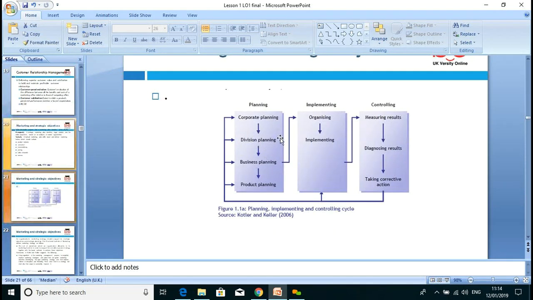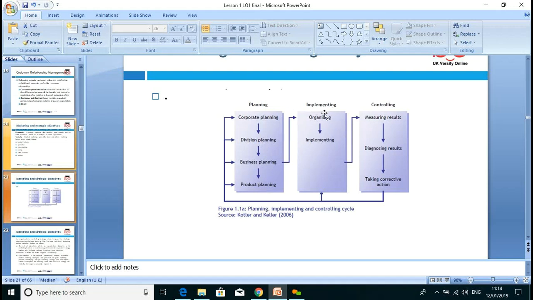Okay, planning. Whenever we make the marketing plan, according to Philip Kotler, it needs to be linked with the corporate planning. If we contradict, we can end up going in different directions.